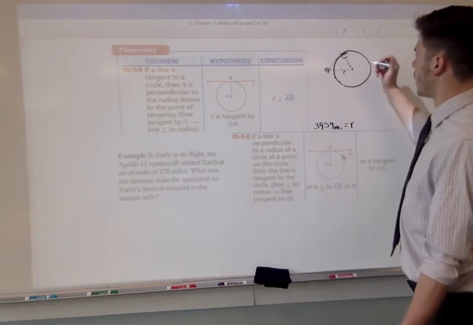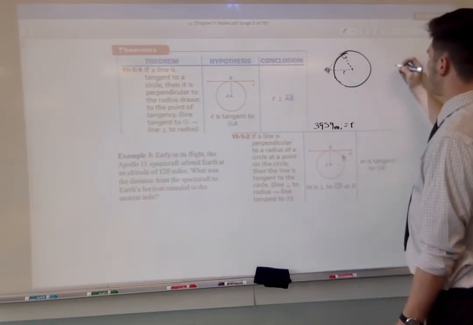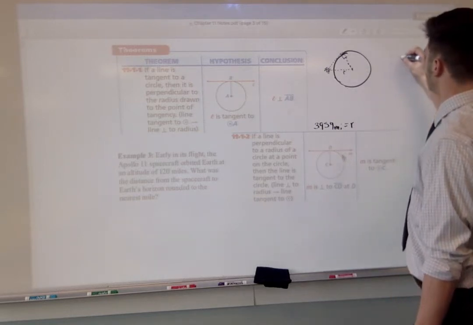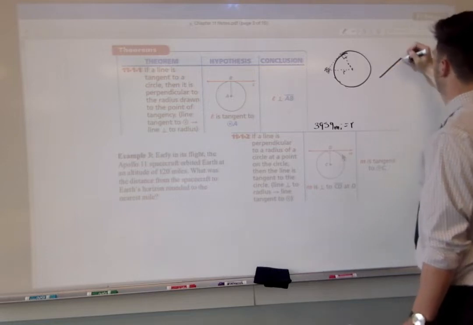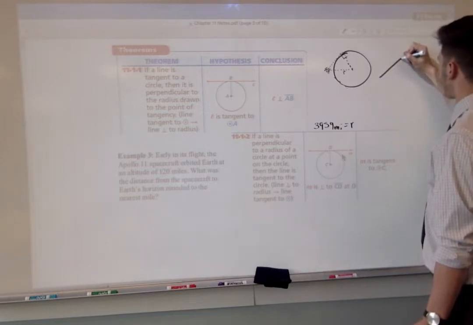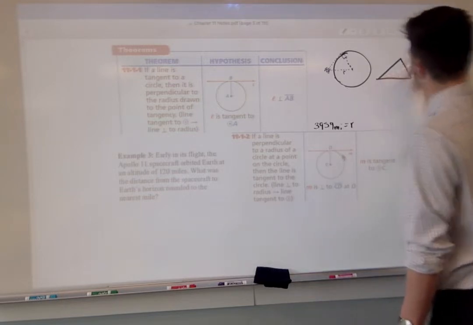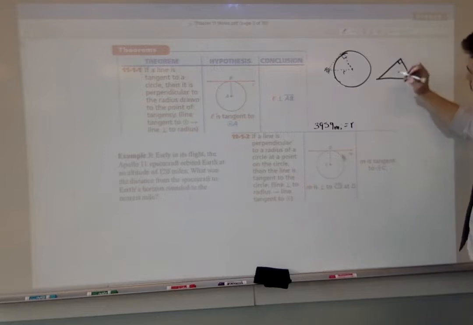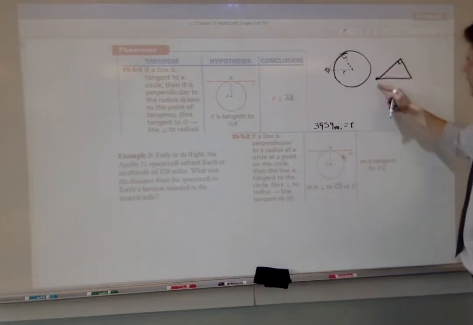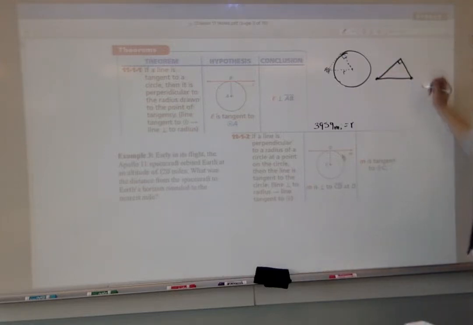So now we know that we have a triangle here. I'll try and redraw it. So here's our right angle, here's our spaceship, here's our center.